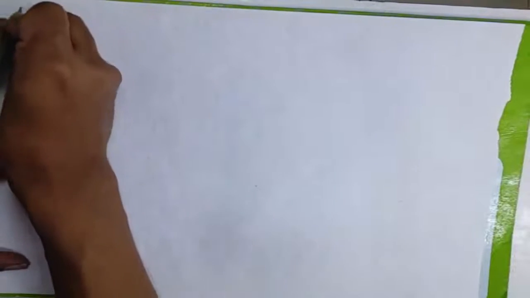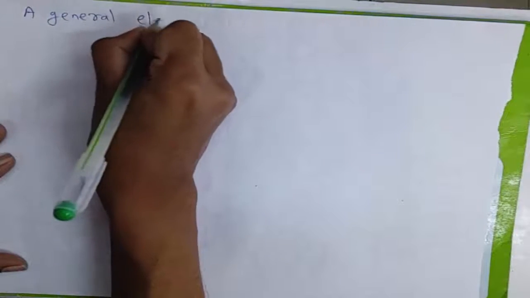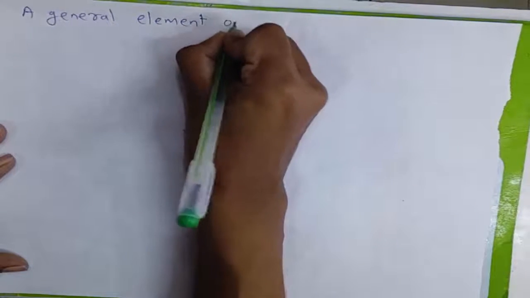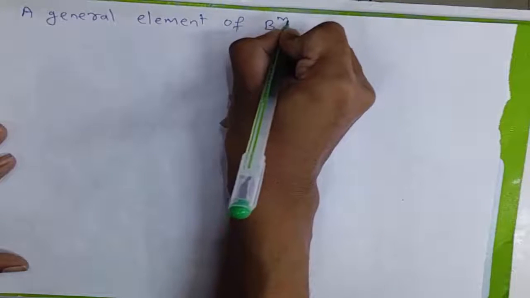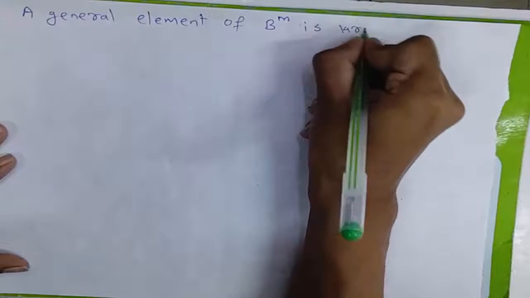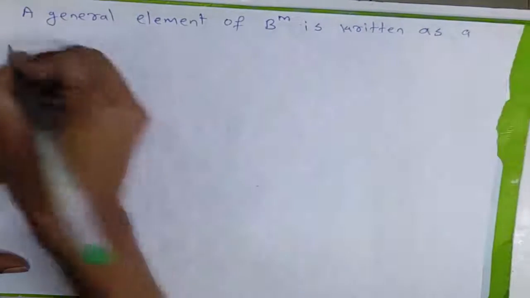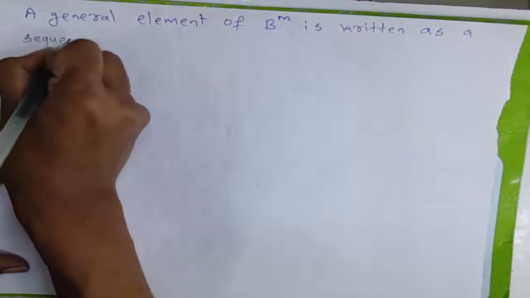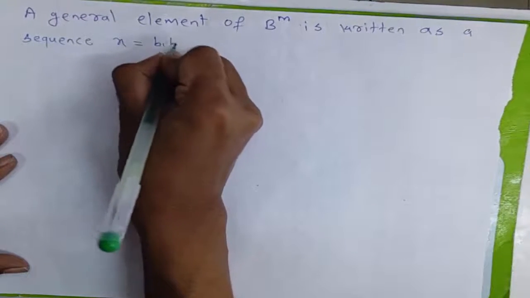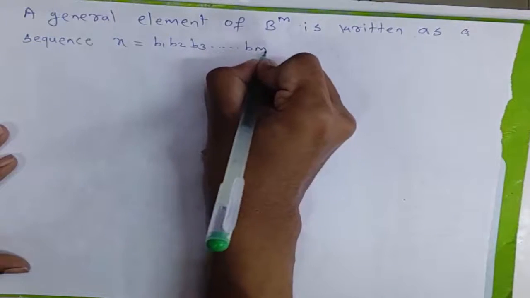So a general element of B raised to m is written as a sequence x equals b1, b2, b3, so on up to bm.